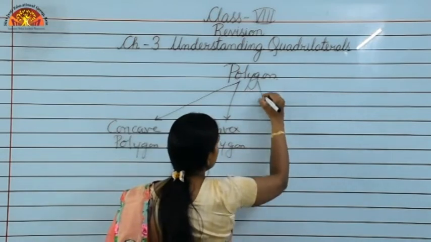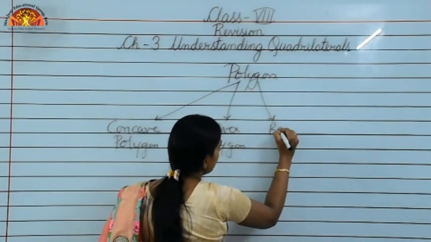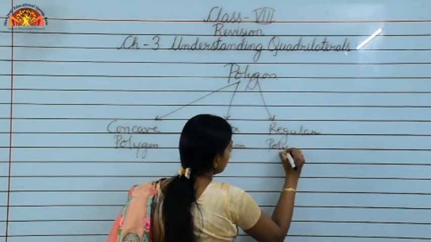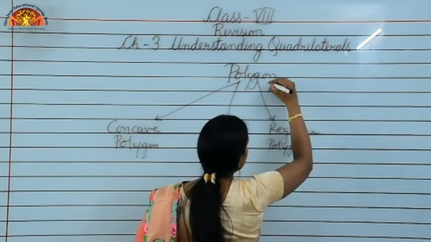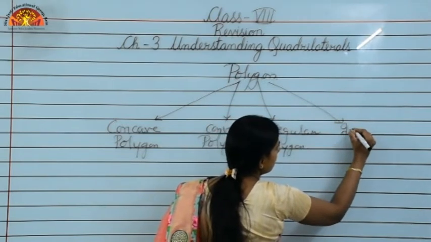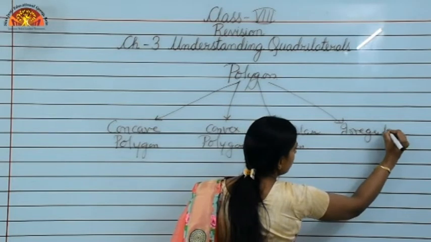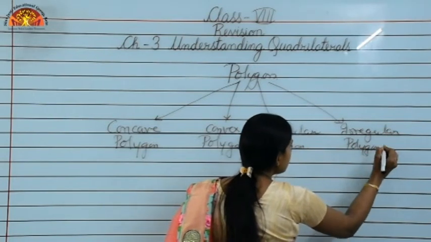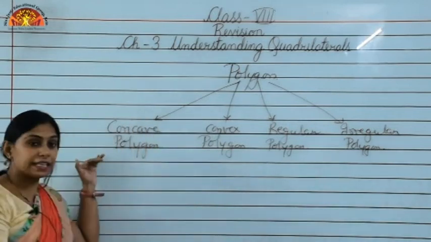Third is regular polygon. And the last one is the irregular polygon.